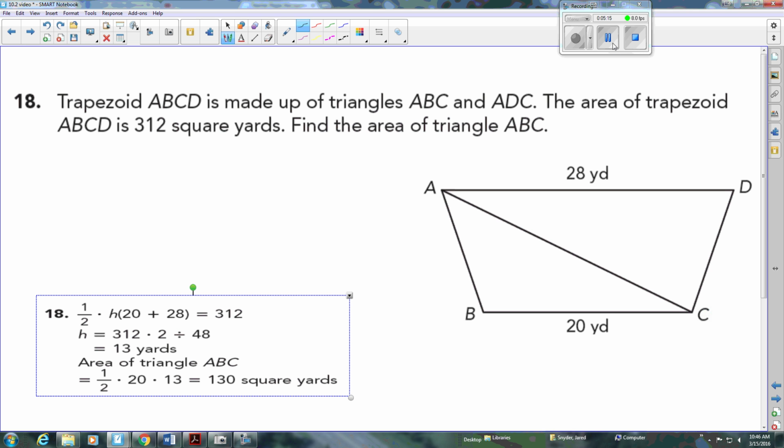So from there, we'd have to figure out what's left over. Okay, I see my mistake. You would have to take 20, times it by 13, because that's going to be your new height. You get 260 divided by 2 is 130.